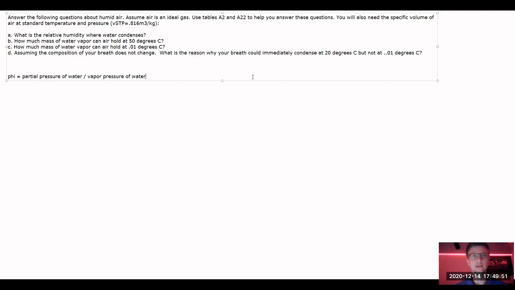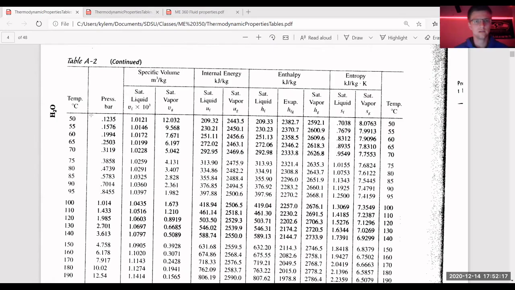So we can go to table A2, which is our saturated water table, and read off values for the specific volume. For part 1b, here we can see that our temperature is 50 degrees, our pressure in bar is 0.1235, and then from the table we can read off that the specific volume for our saturated vapor in our system will be 12.03 meters cubed per kilogram.